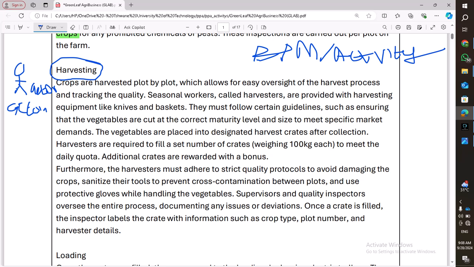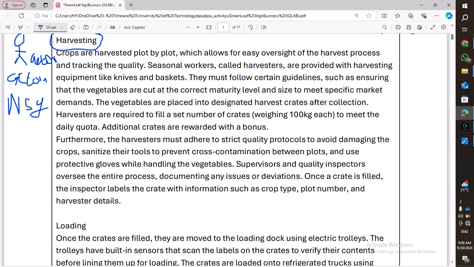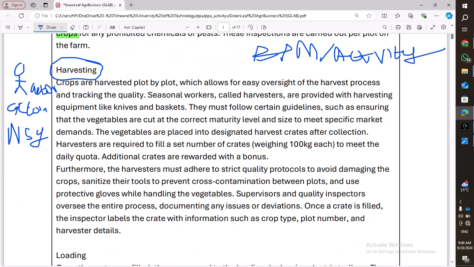And then the next thing we have to know is the name of the system. As we did in the FTD diagram, that case study gave us the name easily, but other case studies will give you a scenario where you have to work out the name of the system.